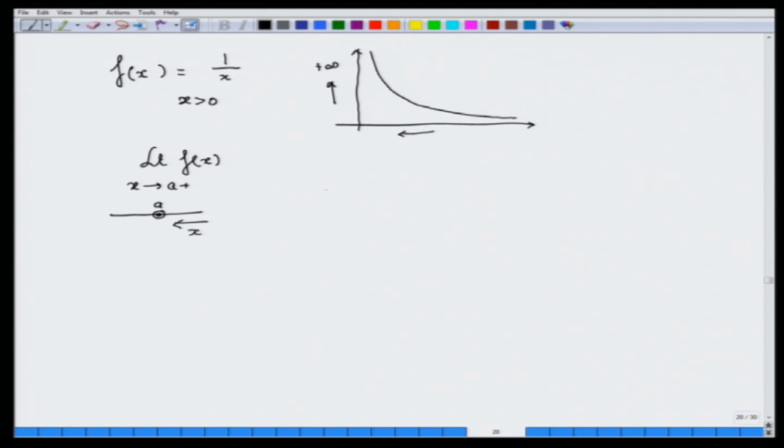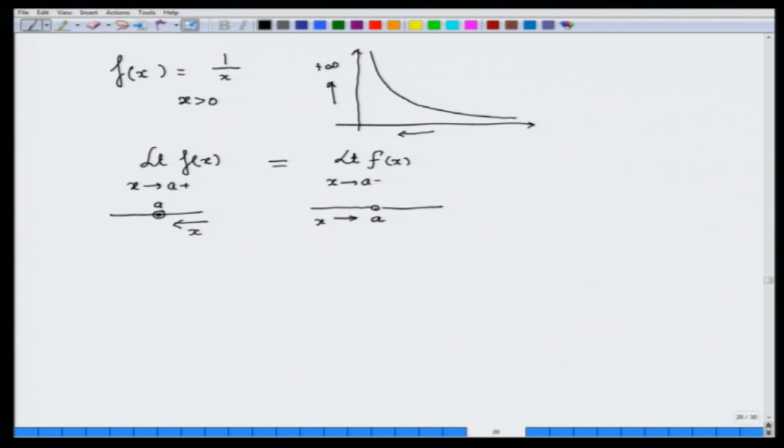Then you also have to look at the left limit, when x is coming from the left side, with this A taken out. What is the relation between these two? If you have equality among them, then you say the limit exists. If you do not have equality among them, then you say the limit does not exist.